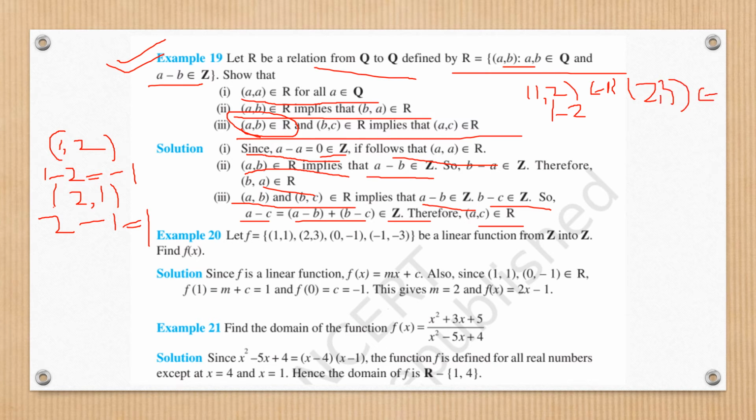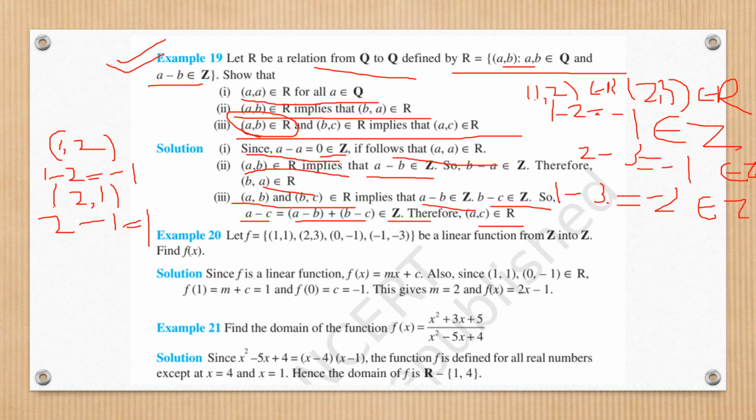So 1 minus 2 is minus 1, which is an integer, belongs to Z. 2, 3 means 2 minus 3 is again minus 1, which is an integer. Now what is AC? AC means your 1 and 3. So 1 minus 3 is also an integer, which is minus 2. Okay, so that's why this is implied.